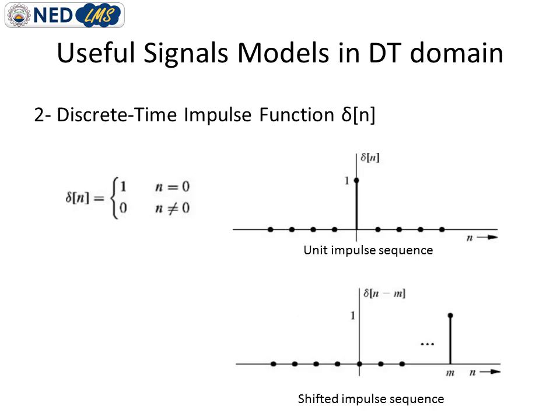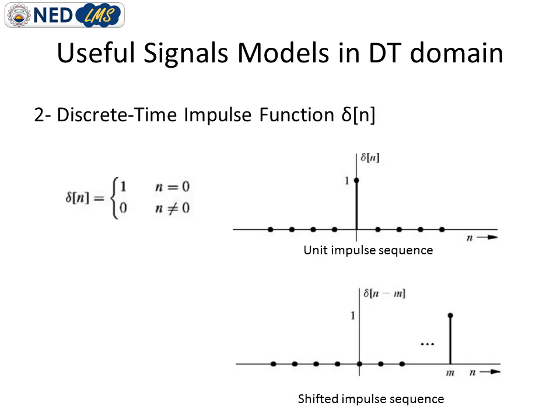Now moving towards the second important model of discrete time domain, which is the discrete time impulse function. It is denoted by δ[n]. It is the counterpart of the continuous time impulse function, which was δ(t), which we discussed in the previous slides.